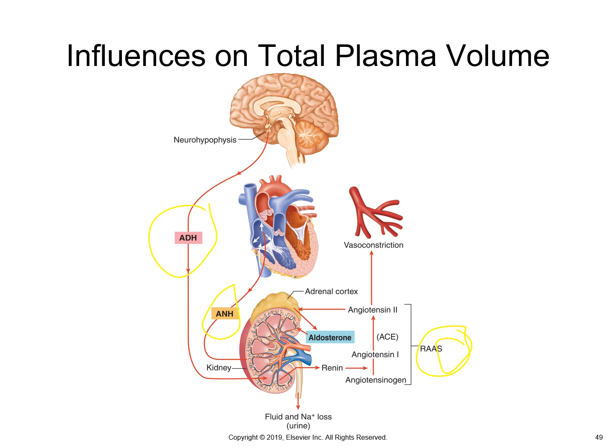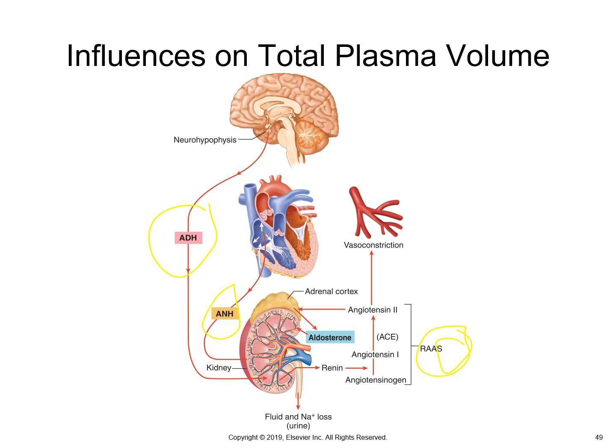Angiotensin 2 is a powerful vasoconstrictor, so it's going to increase our blood pressure. It's also going to stimulate our adrenal cortex to release aldosterone, which is going to promote that sodium and water retention in the kidneys. So this mechanism is also going to help restore blood volume and also blood pressure.